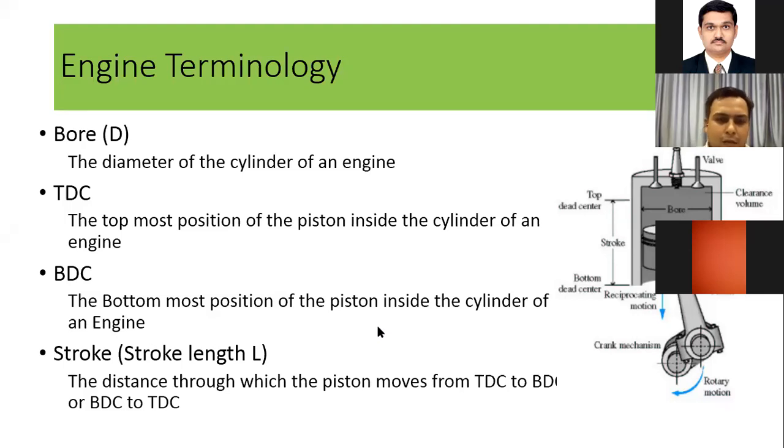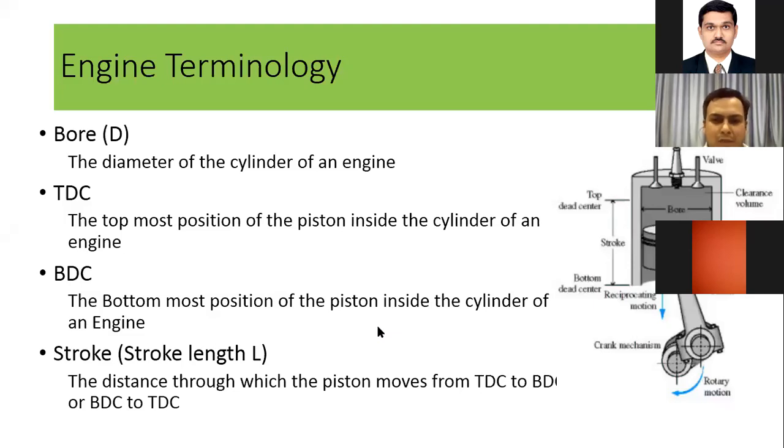Okay, all of you have learned about the classification of IC engines based on the number of strokes required to complete one cycle. So there are basically two types of engines. One is called a 4-stroke engine, another is called a 2-stroke engine. A 4-stroke engine means the whole cycle is completed in 4 different strokes. Now you can visualize what a stroke is.